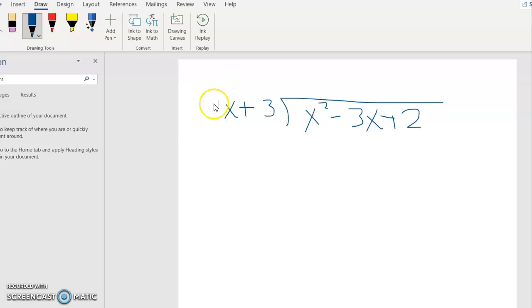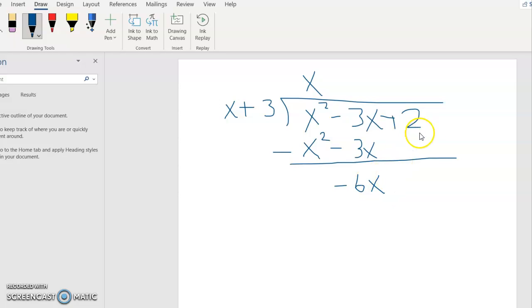So we begin by just thinking about the first term here as we divide. X goes into x squared x times. And we multiply that back. X times x is x squared. X times 3 is 3x. And then we subtract, so we have to change our signs, negative and negative. X squares will cancel out, and then this will give us negative 6x. And we bring down our next term.